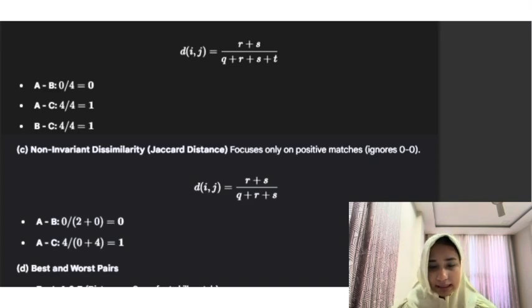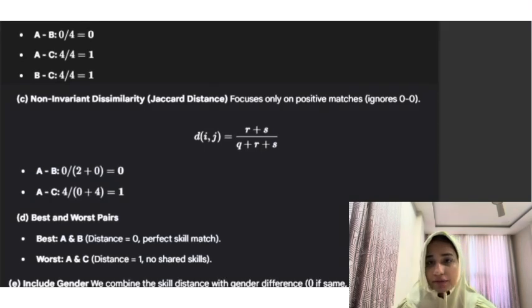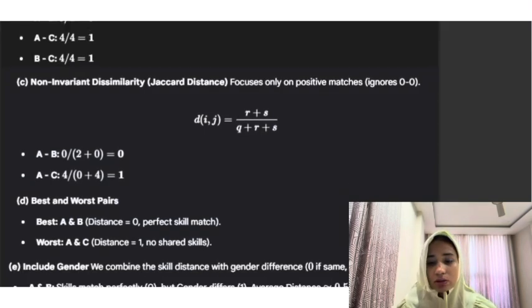Now part C says compute non-invariant dissimilarities. So non-invariant dissimilarity focuses only on the positive matches and it ignores 0 minus 0. So only the positive matches.